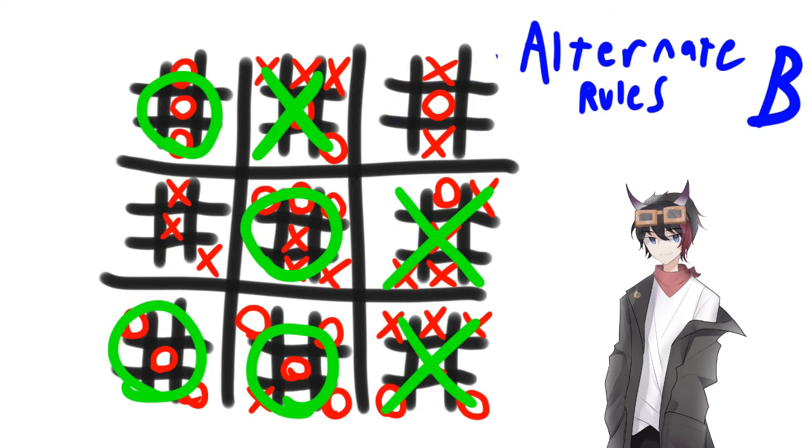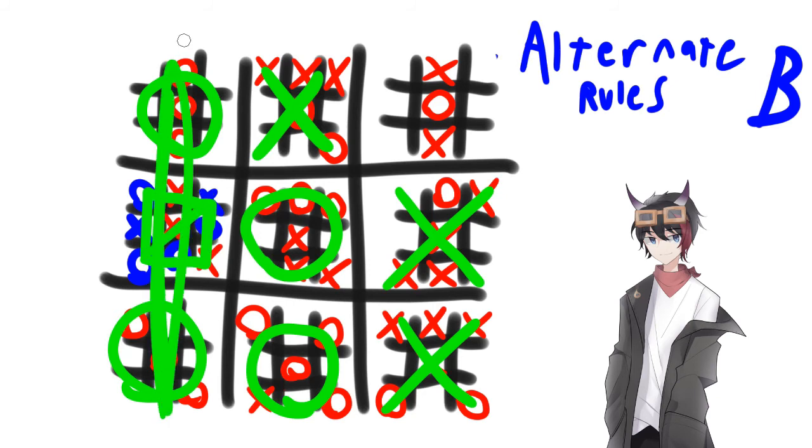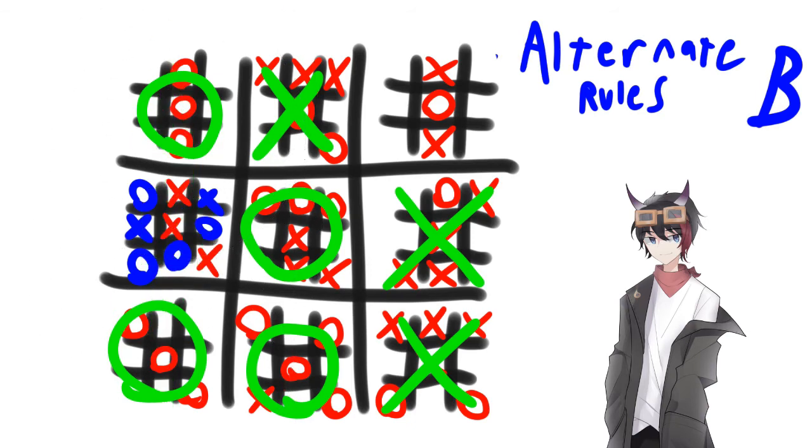Alternative rule B, unclaimed sectors where all the spaces have been filled count as a shared claim, in which a player can make victory using a shared claim and 2 full claims of their own as the victory 3 in a row. Alternatively you could allow this only as a tiebreaker in the case of an equal number of claimed sectors.